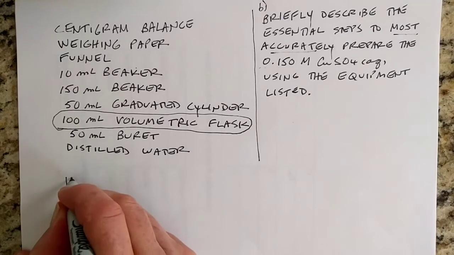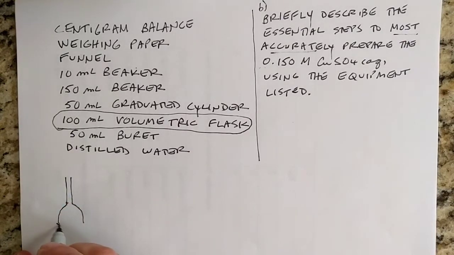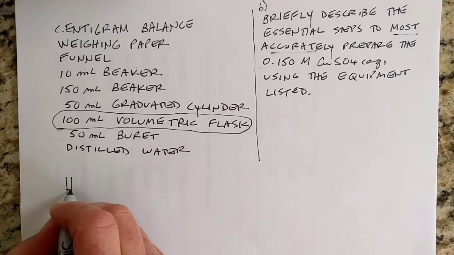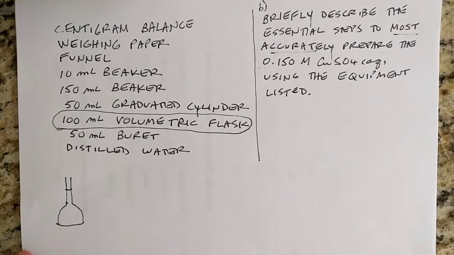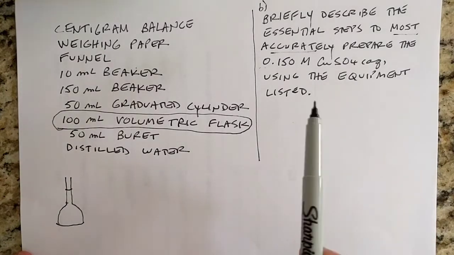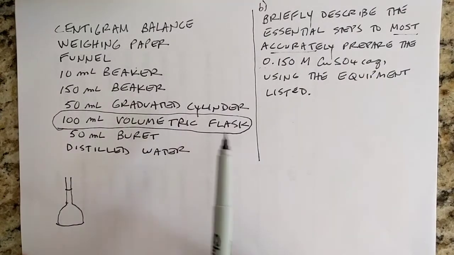If we draw it, we have a long neck, then it bulges out, and then we have a single calibration mark. So for our final solution, we need the 100 milliliter volumetric flask.